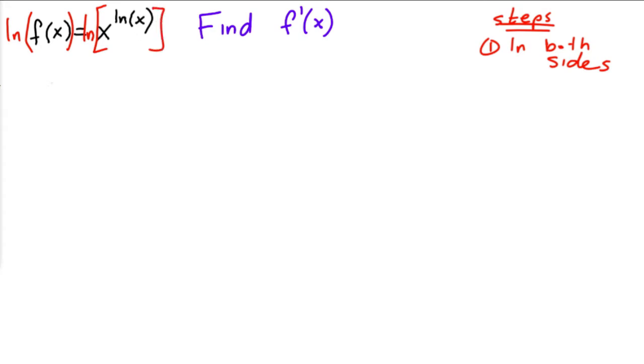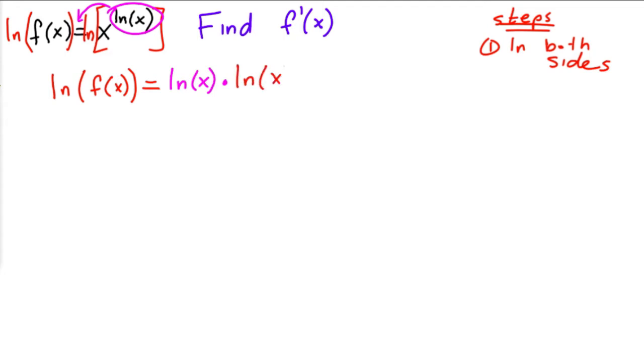We'll just leave it alone. All right, so then on the left side we'll get log of f of x is equal to, now this natural log we're going to bring it down using the laws of logarithms. So we're going to have natural log of x times natural log of x.